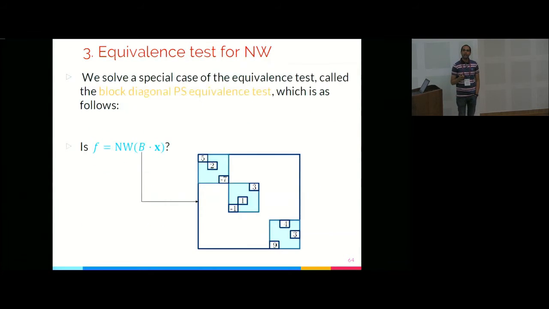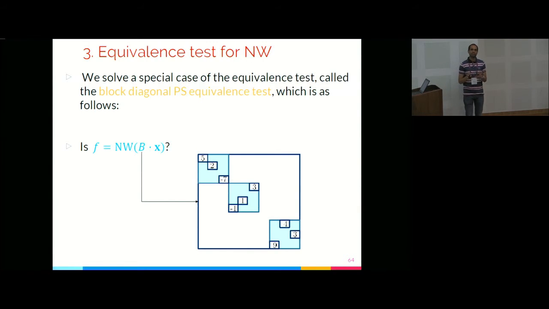Okay? So I'll talk about some special cases of the equivalence tests which we have so far for design polynomials, and these are the block diagonal PS equivalence tests. Here P stands for the permutation matrix and S stands for a scaling or diagonal matrix.